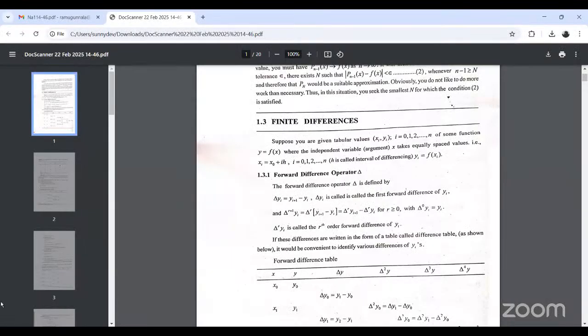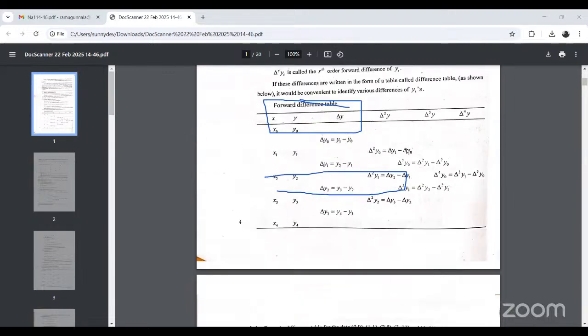So this is the finite differences, and this is the forward difference operator, delta. Just now we discussed the difference between delta y1 and delta y2.